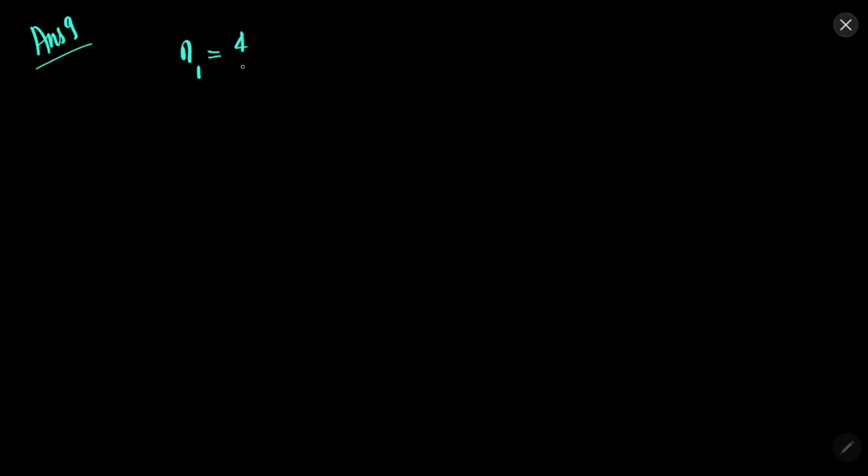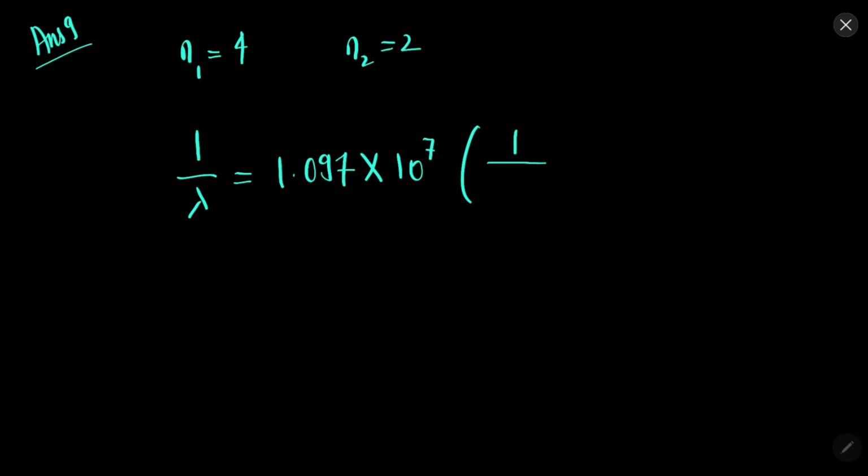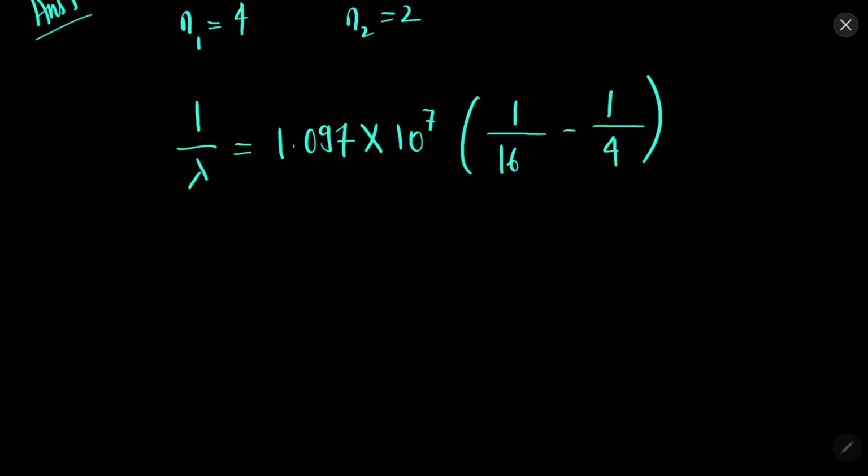N1 equal to 4, N2 equal to 2, and let's first solve this part only. So 1 over lambda equal to 1.097 or 1.1 into 10 to the power 7, 1 over 4 square which is 16, and 1 over 2 square which is 4.